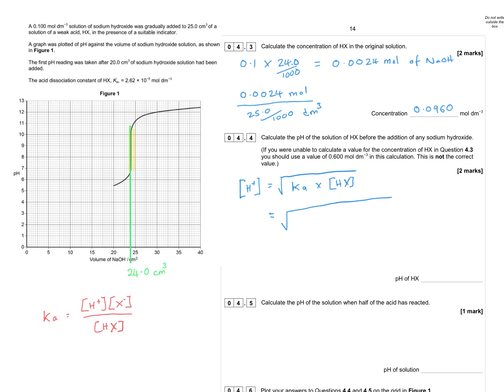Then we put in the values for Ka and HX, and we get a value for the concentration of H+. To turn that into a pH we need to do negative log to base 10 of the hydrogen ion concentration.